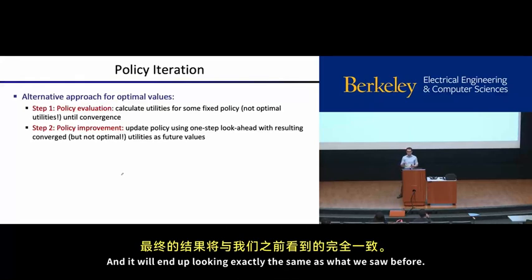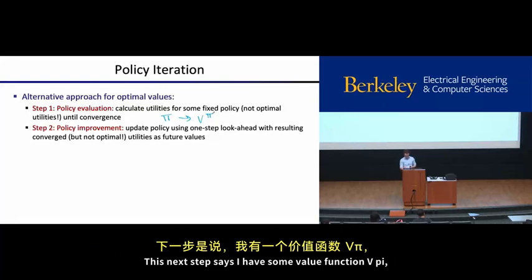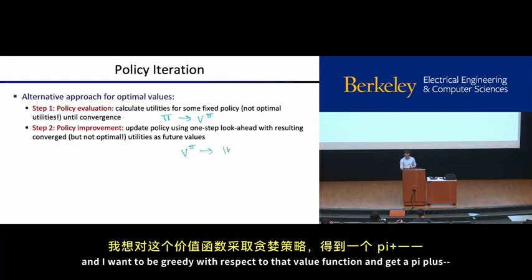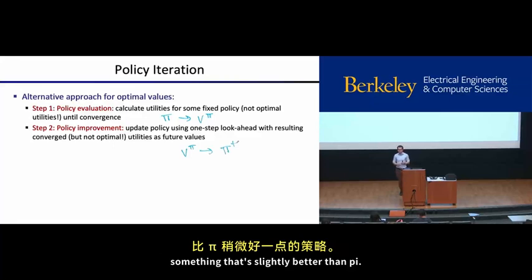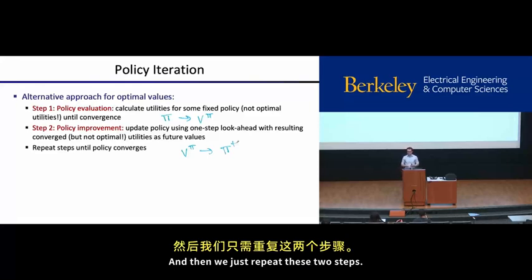And it will end up looking exactly the same as what we saw before. So this one here says I have some policy pi, and I want to get some value function v pi. This next step says I have some value function v pi, and I want to be greedy with respect to that value function and get a pi plus, something that's slightly better than pi. And then we just repeat these 2 steps.